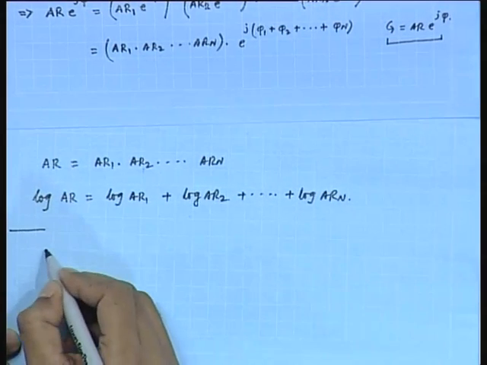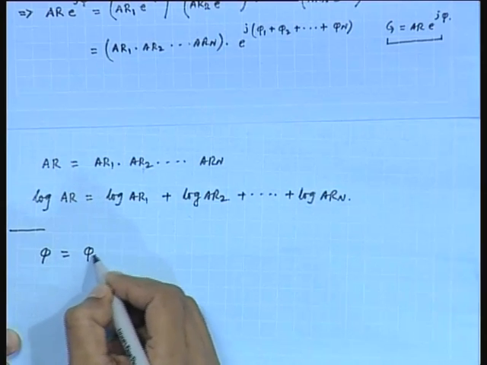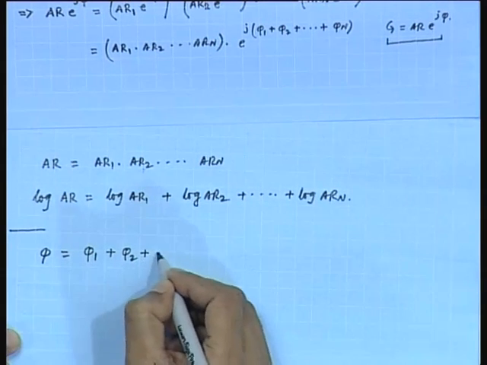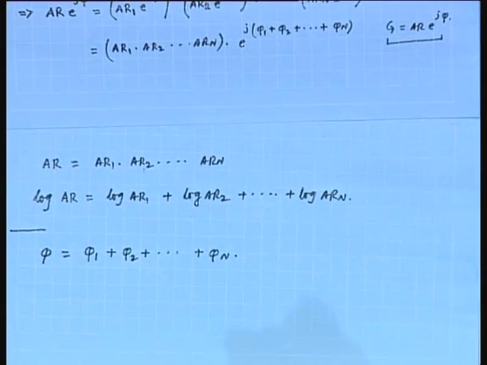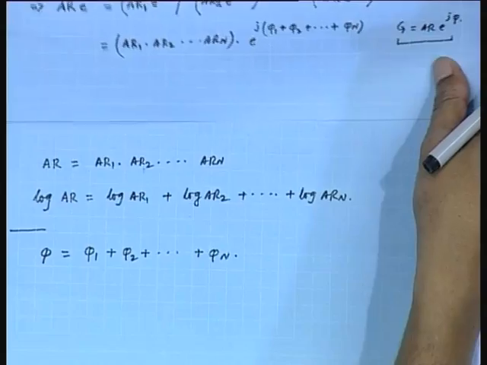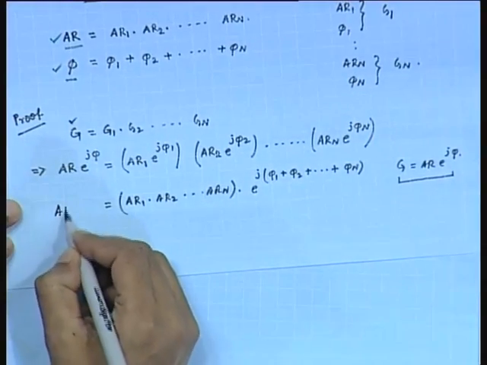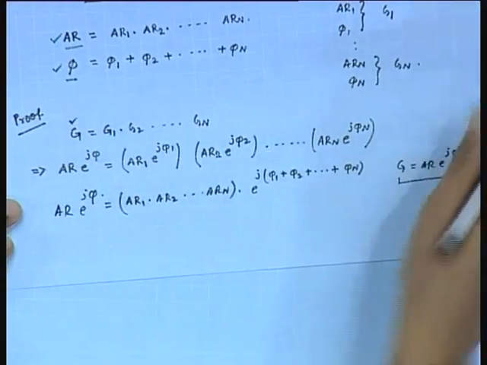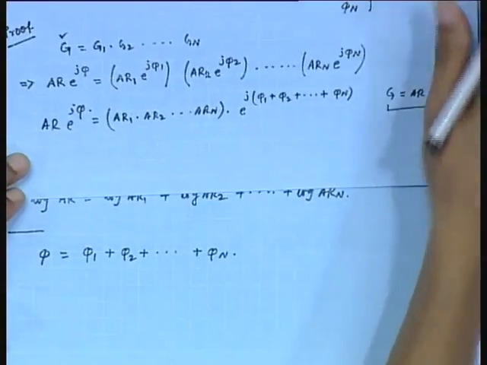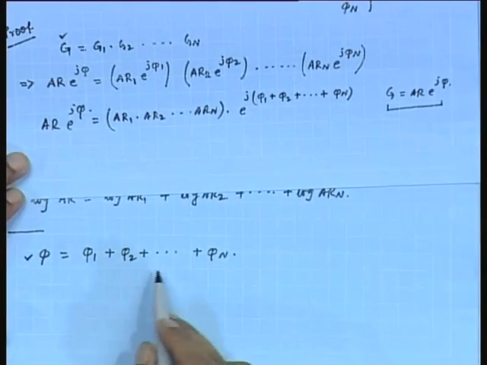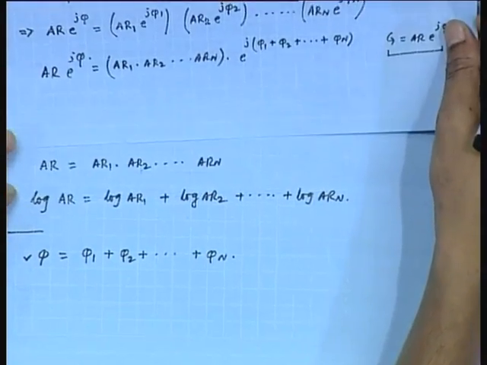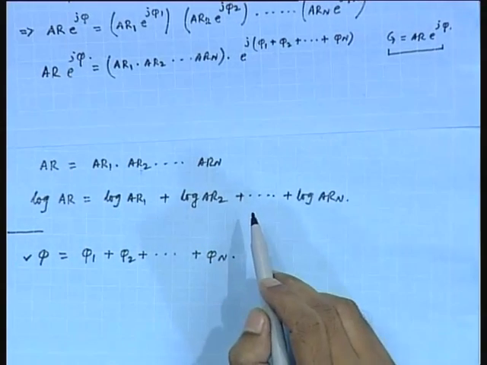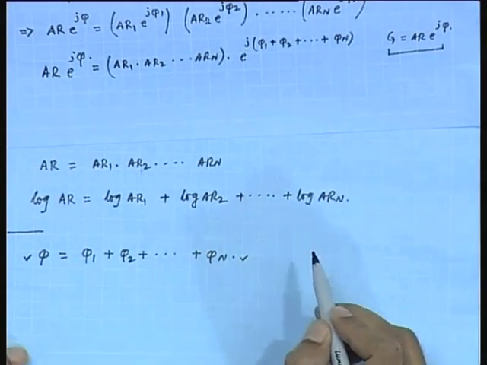Similarly, for the phase angle, comparing left hand side and right hand side, we obtain phi as the summation of all individual phase angles. So, these are the two expressions. Sometimes this amplitude ratio is represented in logarithmic form, and this is the expression for phi.